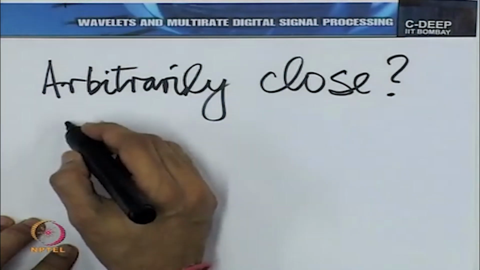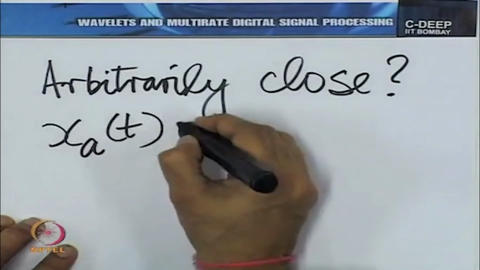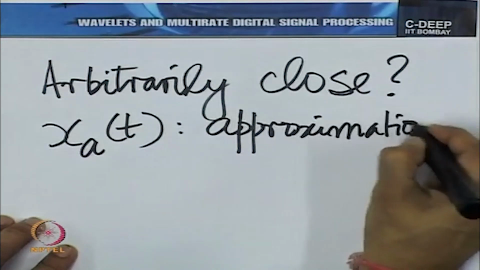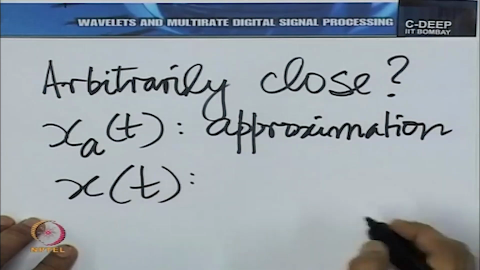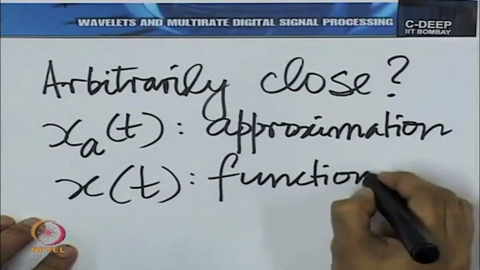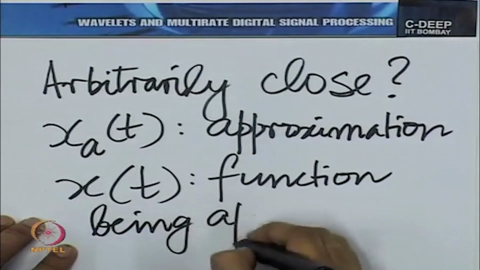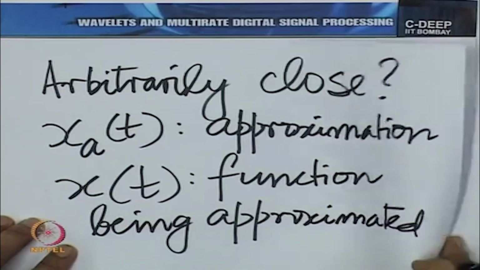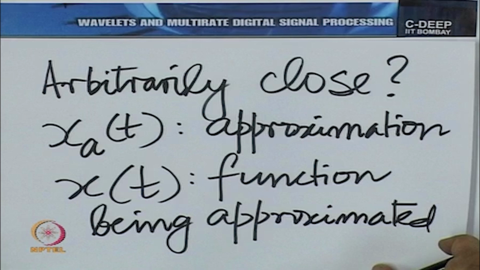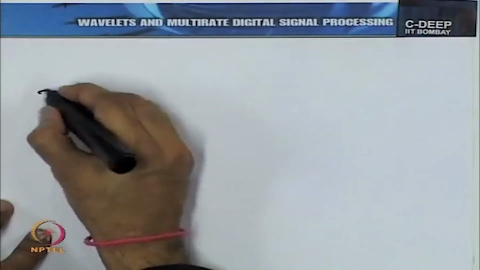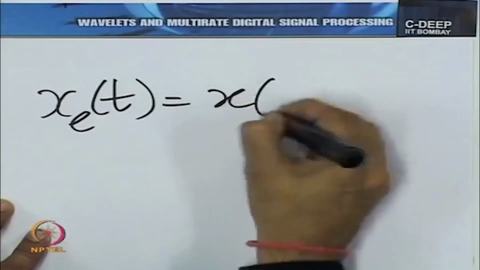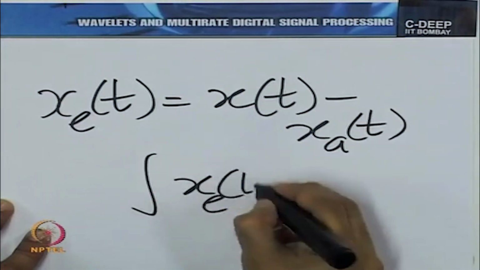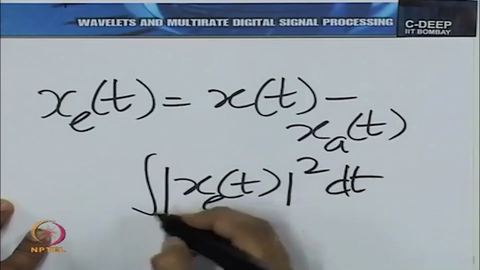In the sense, if x a is the approximation at a particular resolution, and if x t is the original function, then if we take what is called the squared error, so we look at x e t, that is x t minus x a t, and integrate the modulus of x e t whole squared, actually, over all t.